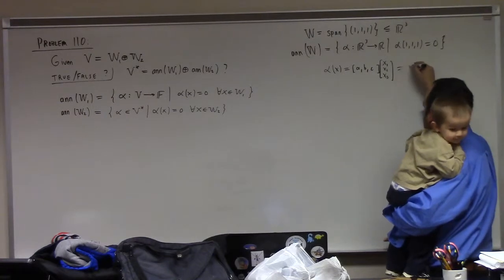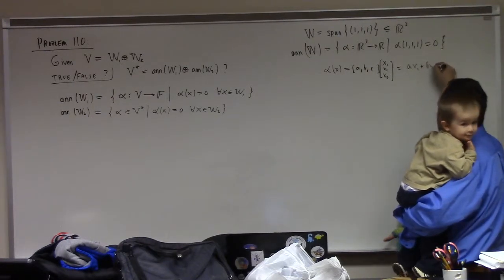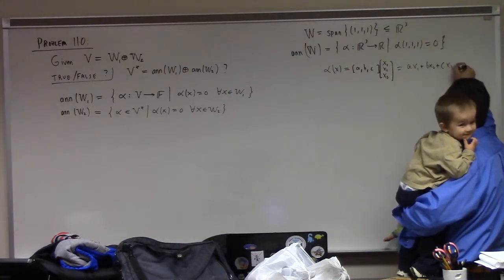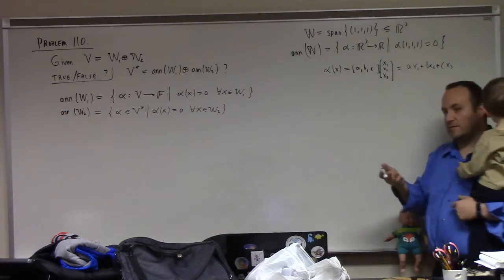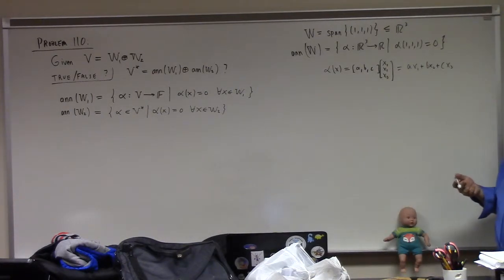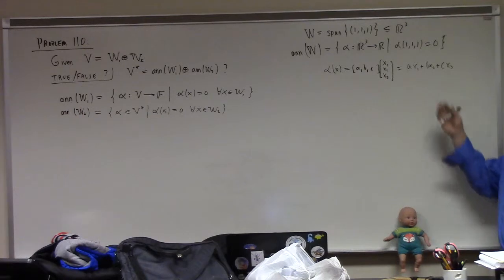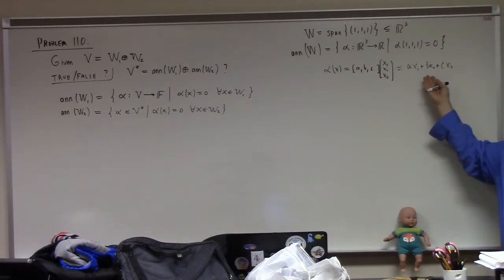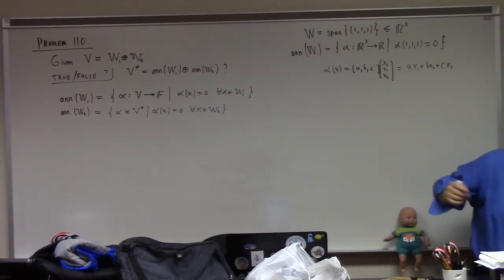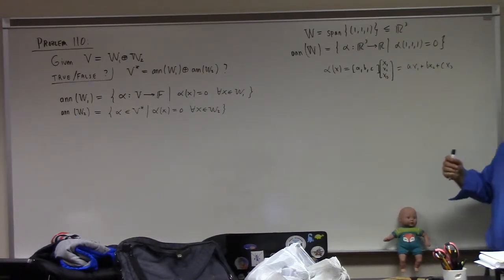So, this is A x1 plus B x2 plus C x3. That's a generic formula for a dual vector of R3, period, right? When we talked about this before, I mentioned you can form any dual vector to Rn by the dot product of a vector, right? So as a specific, I think I called it alpha sub w or something.